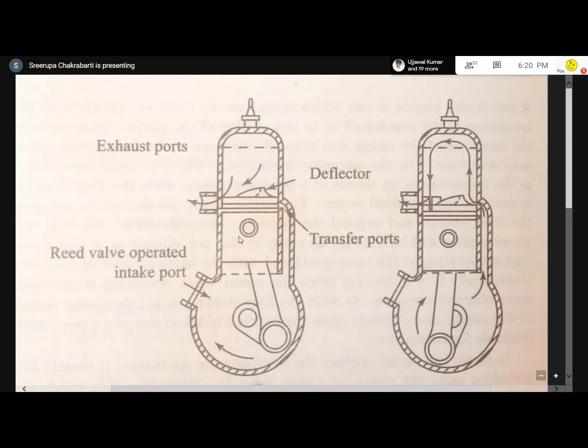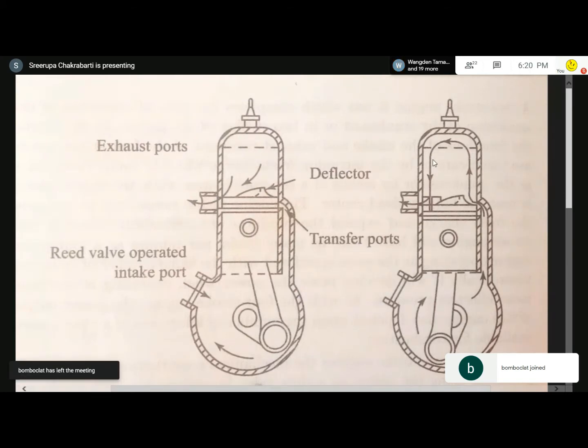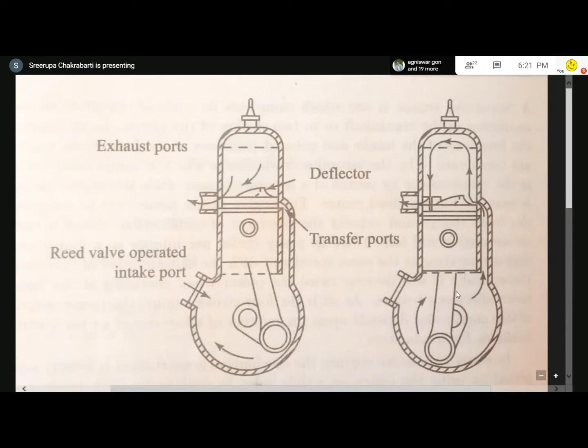Piston is moving upward. Of course, when it moves the other way, the piston is moving downward. Let's just consider the piston is moving upward. That means this crank is moving in the clockwise direction, and the piston is moving upward.